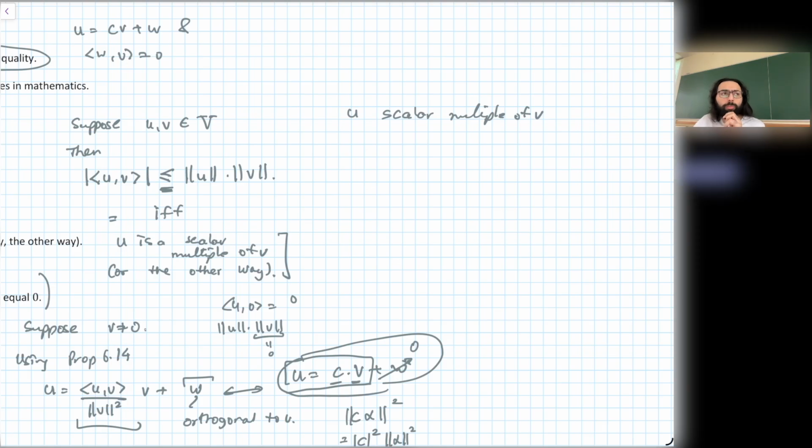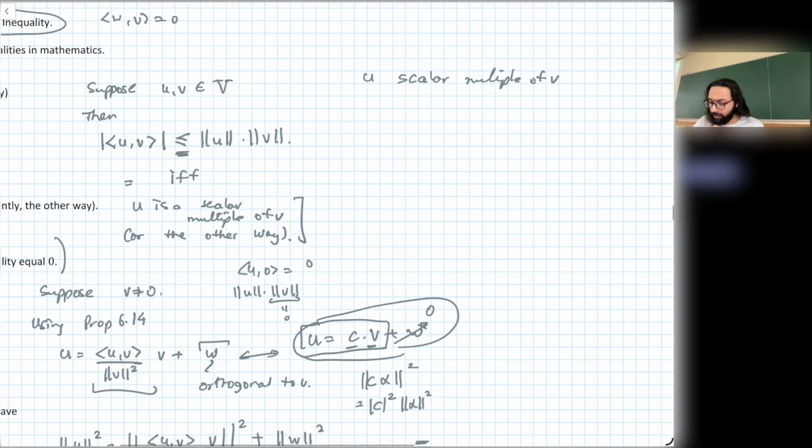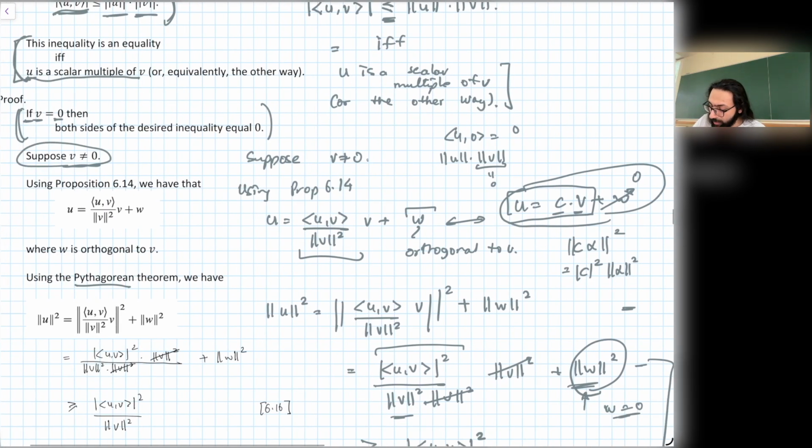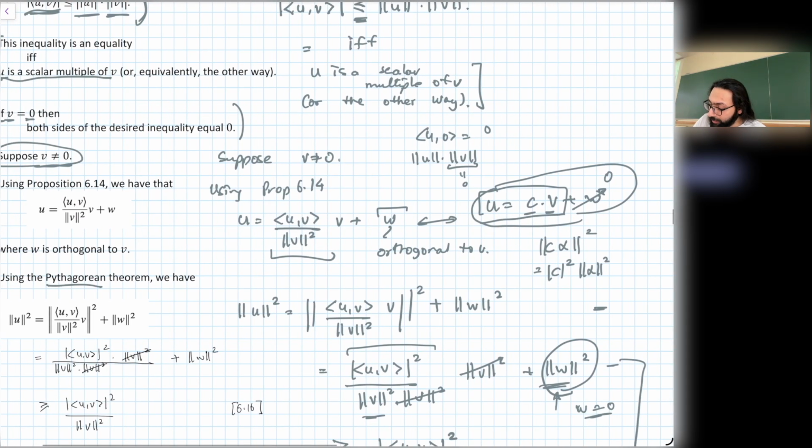Yeah, it can be C prime, doesn't matter. So the point is that this scalar is okay.